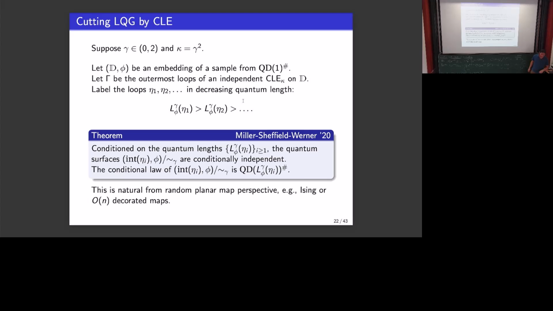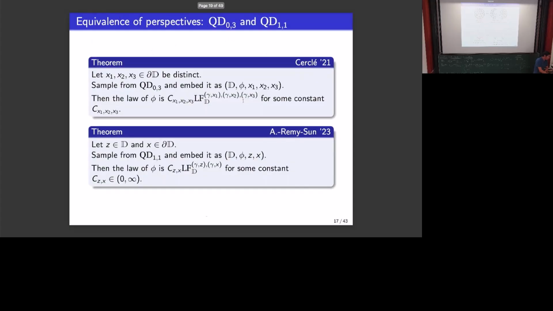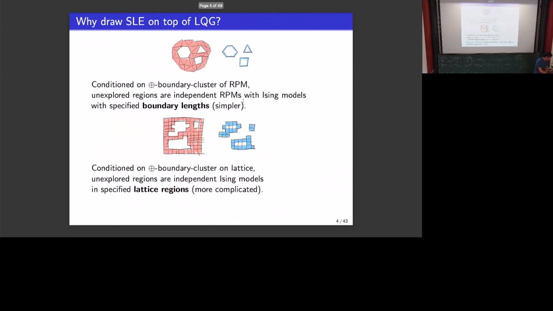So the last example of cutting that I want to state is as follows. This is analogous to this picture I drew all the way back here, where you take a random planar map together with an Ising model, and you look at the plus boundary cluster, the cluster of plus spins touching the boundary, and you look at the holes that you get when you cut out.